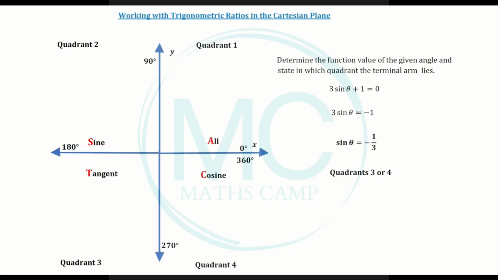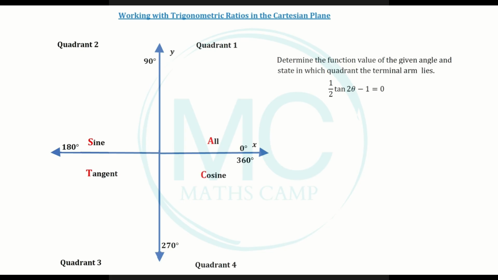Let's do another one. In this case, we have the equation 1/2 tan 2 theta minus 1 is equal to 0. And we need to find the quadrant where the terminal arm lies. So let's start by getting the ratio tan 2 theta by itself.